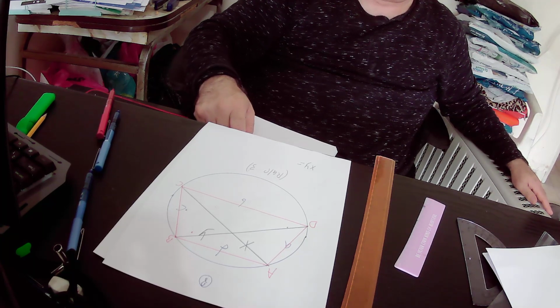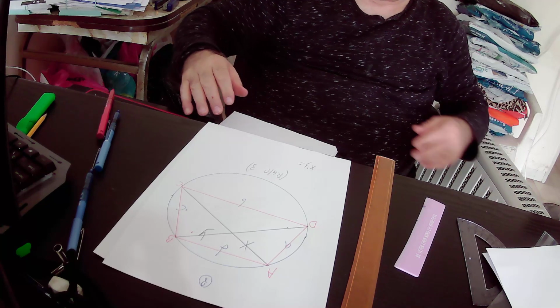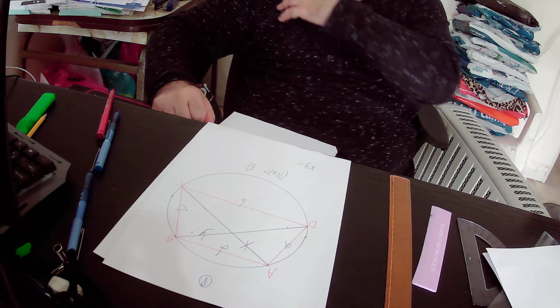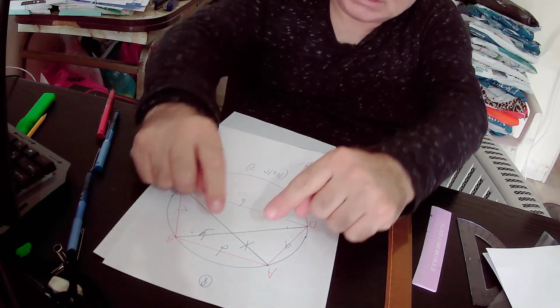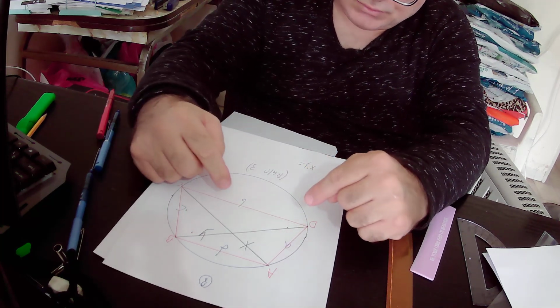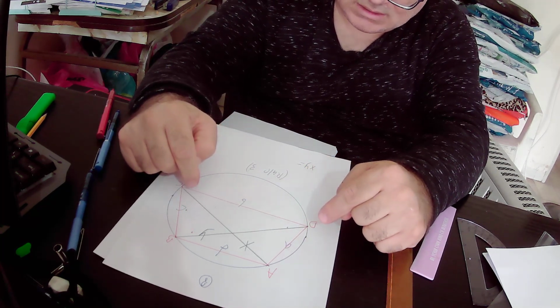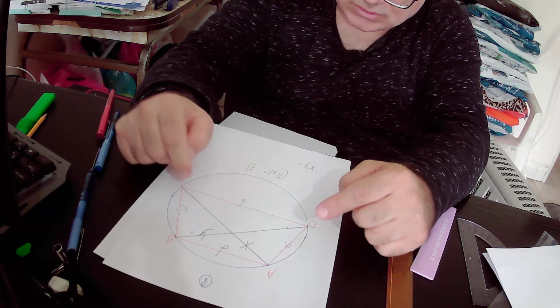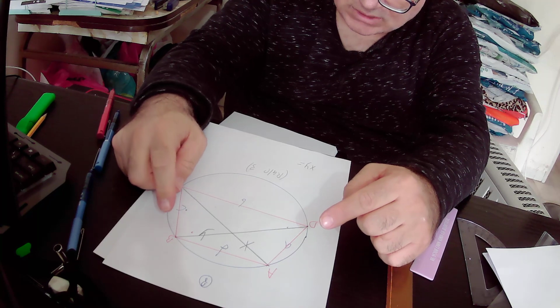Quadrilateral ABCD has two pairs of opposite sides. The first pair is side AB opposite to side CD, and the second pair is side AD opposite to side BC.